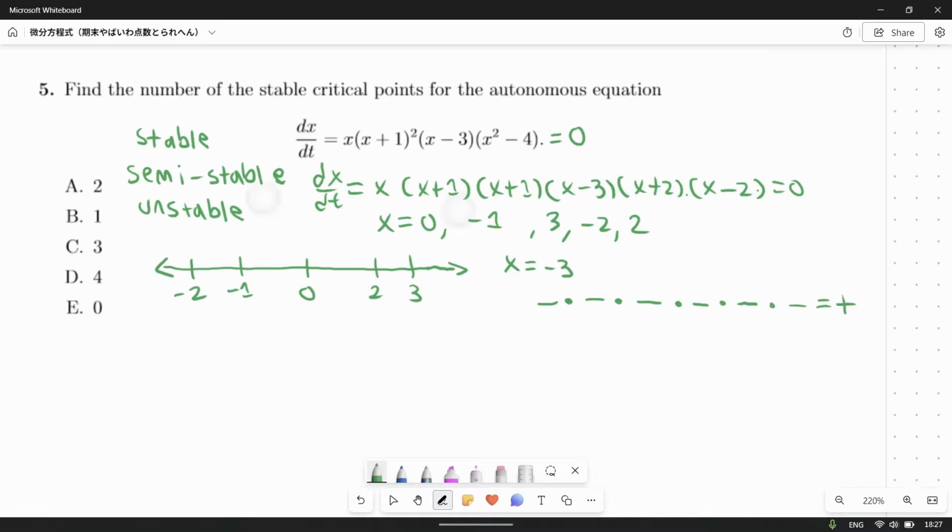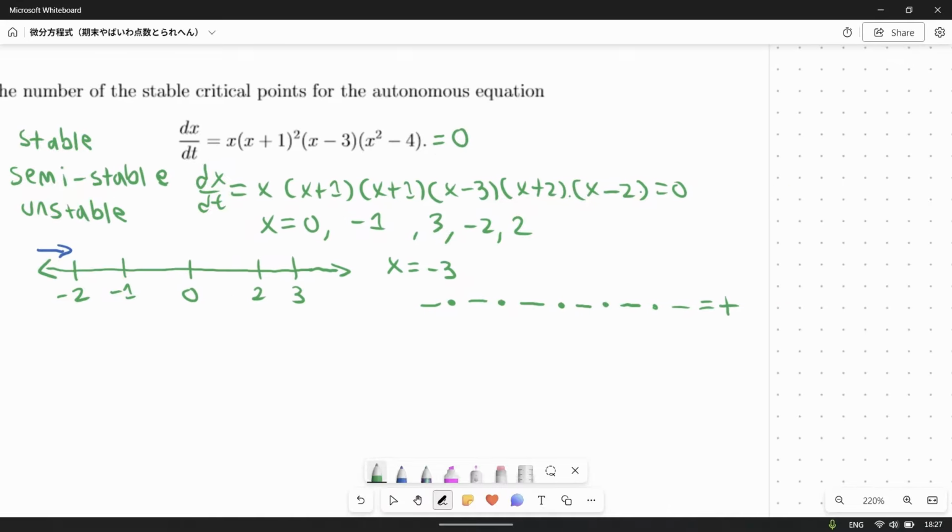So in our number line, I'm going to put an arrow, in a different color, that goes towards -2. And then we have to pick another number between -2 and -1, so we can analyze the behavior going on there. So let's just say -1.5.